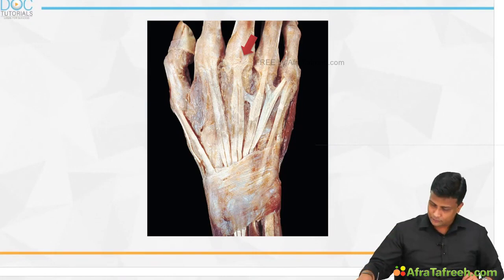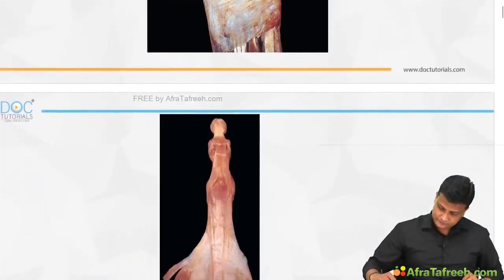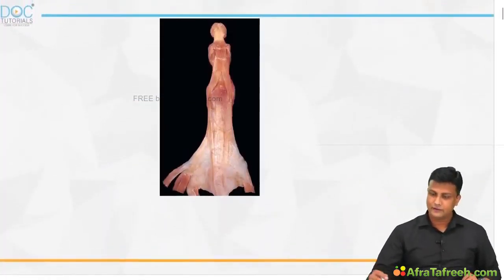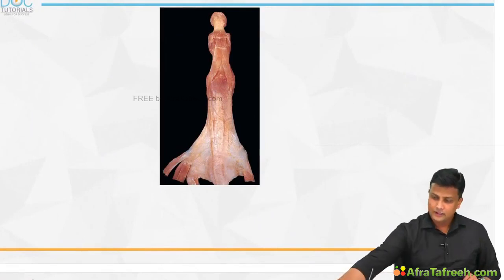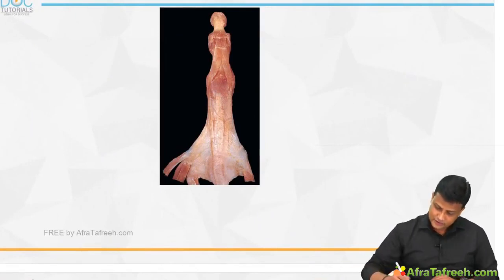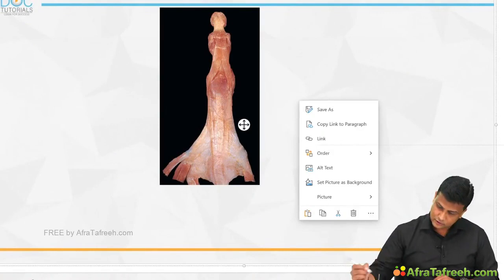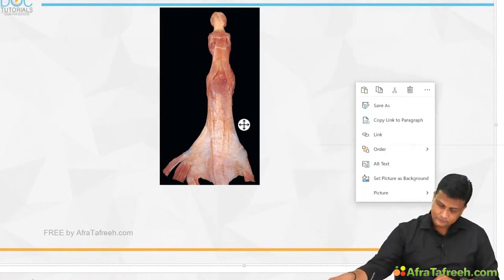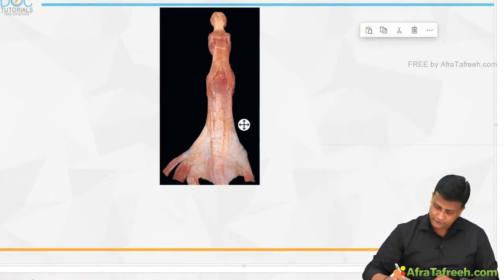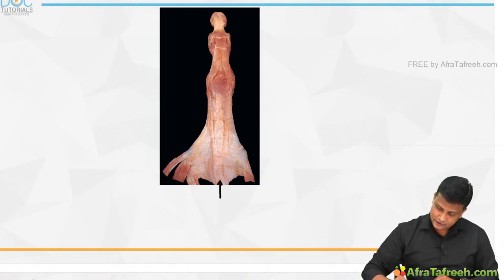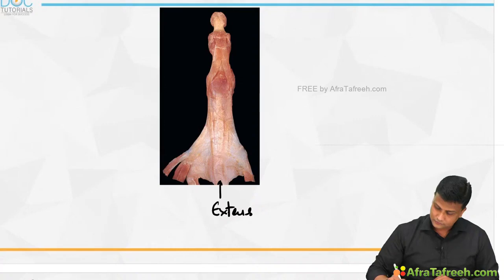Now first of all, let me take that out here. For example, it is the same middle finger, guys, and this one over here is the extensor digitorum tendon, without any doubt.